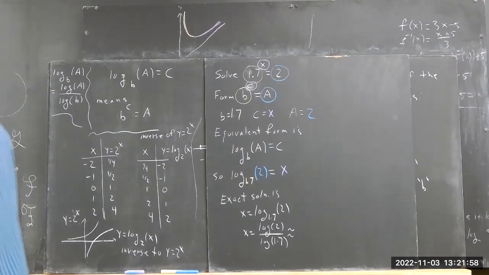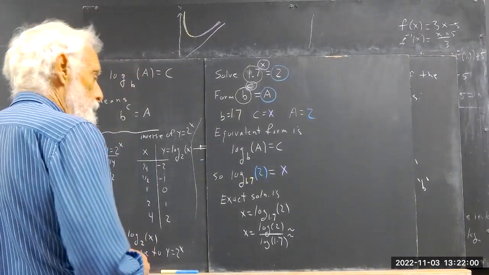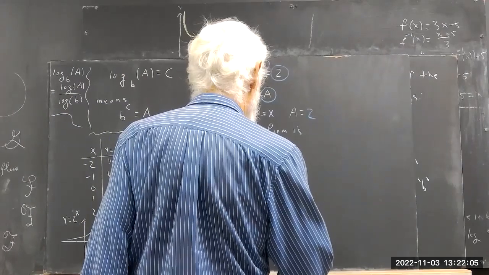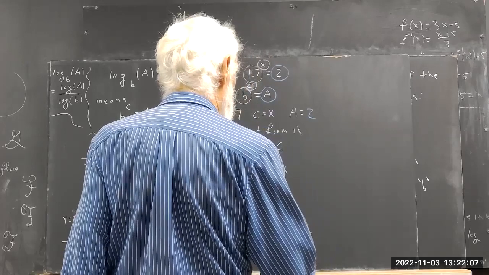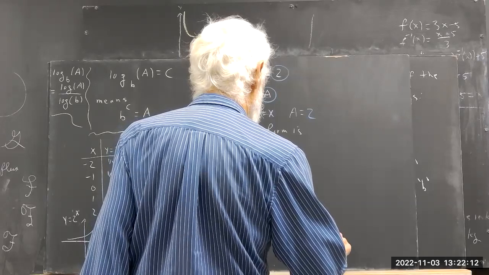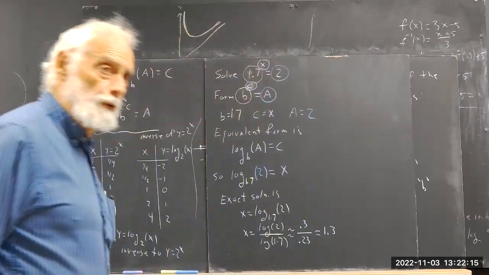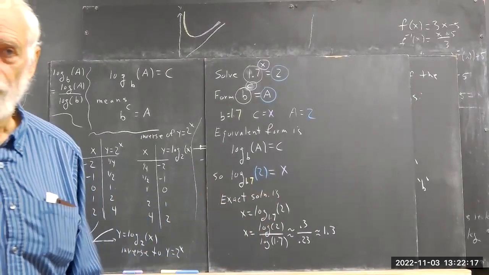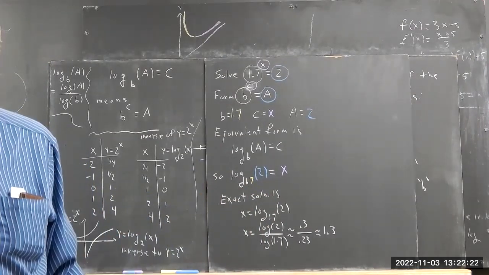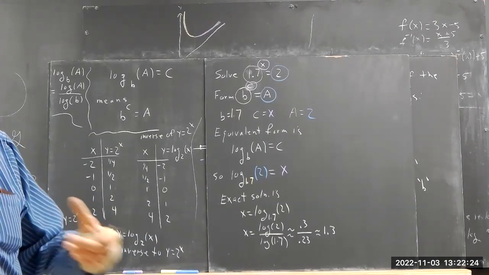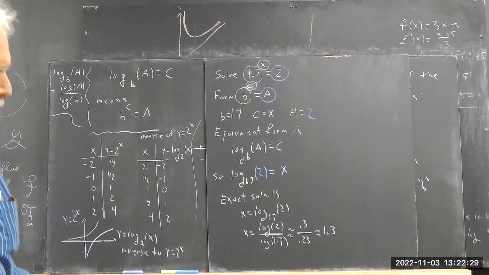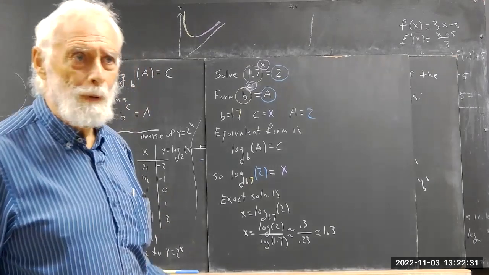Okay, that's very good. Everybody got it. Log of 2 is approximately 0.3, and the log of 1.7 is approximately 0.23. And this gives us something approximately 1.3. You can do it to as many significant figures as your calculator will allow if you want to be really precise. But your calculator is going to give you way more significant figures than you'd ever need for real world calculation, unless you're a particle physicist or something.